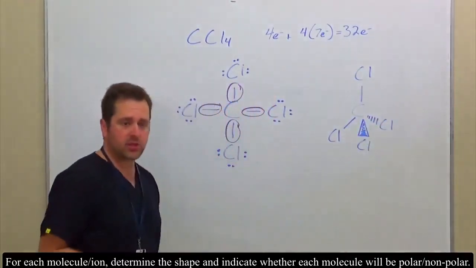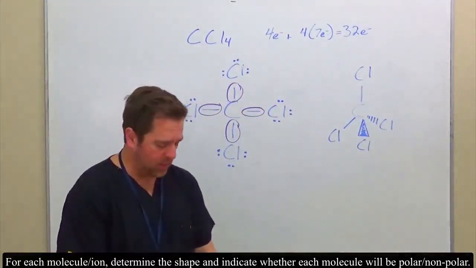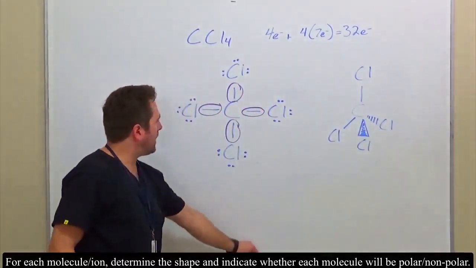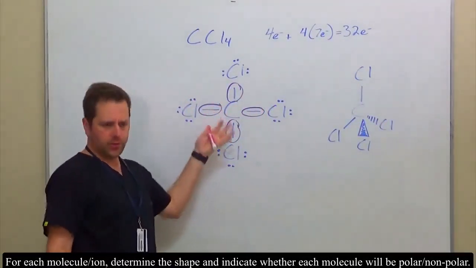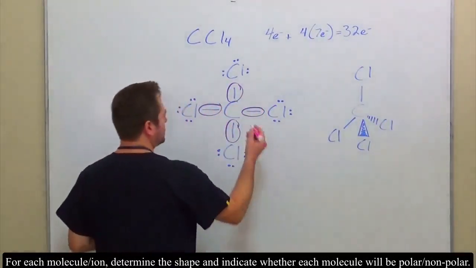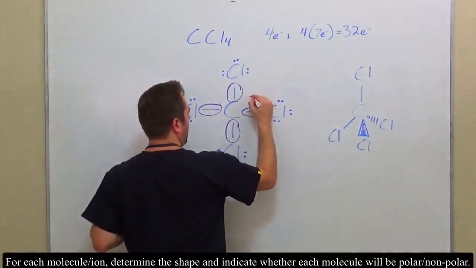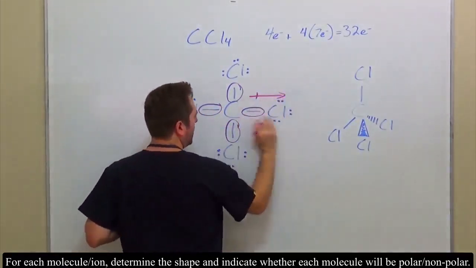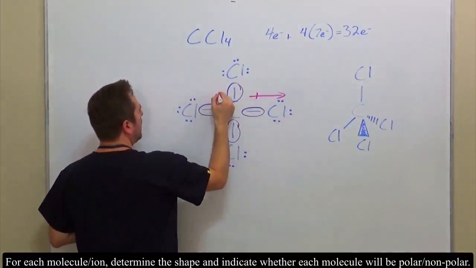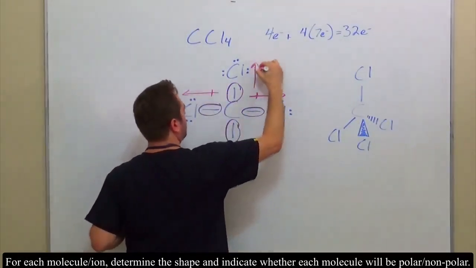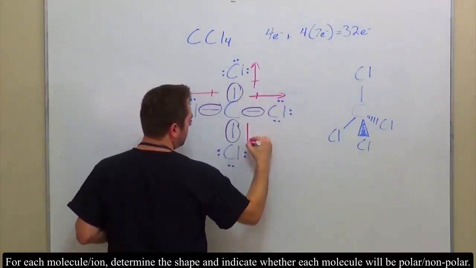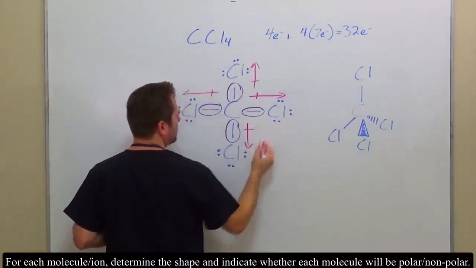All right, back to the question at hand. Is this molecule polar? We have to think about chlorine. What's more electronegative, the chlorine or the carbon? The chlorines, right? So there's going to be a pull of the electrons by this chlorine, a pull by this one, and this chlorine will also have a strong hold on them, and so will this one.